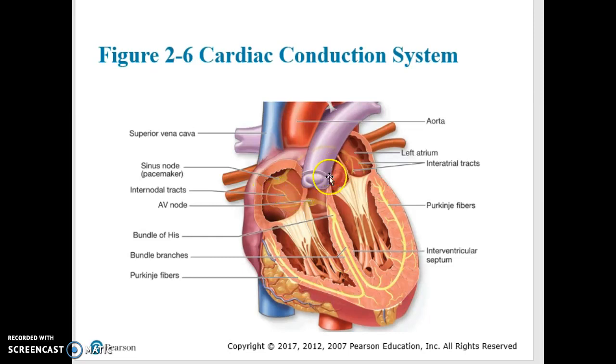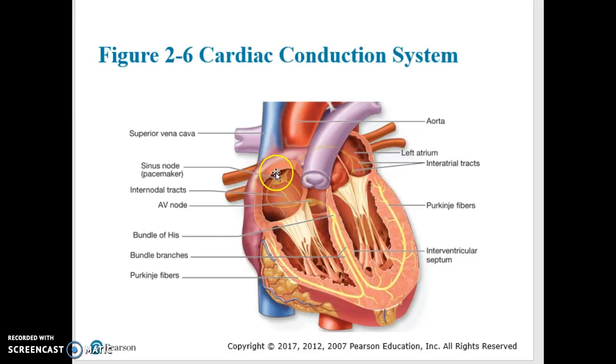They squeeze separately. The atria contract first and then they relax, and while they're relaxing, the ventricles contract. So this whole system does not beat and squeeze at one time. This part contracts and then this part contracts after that.